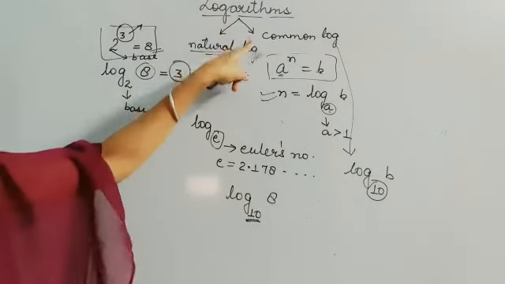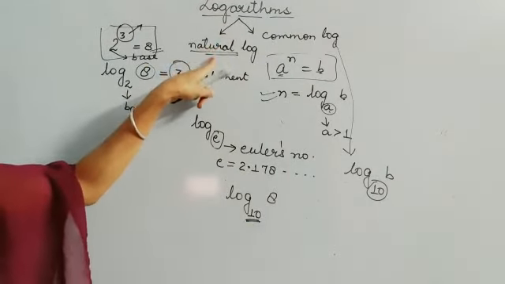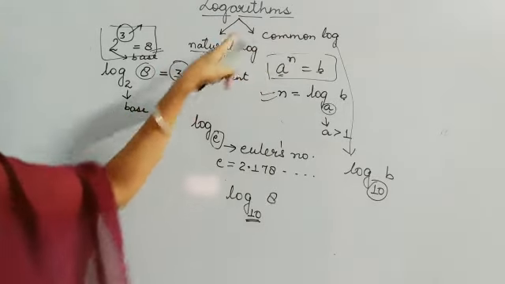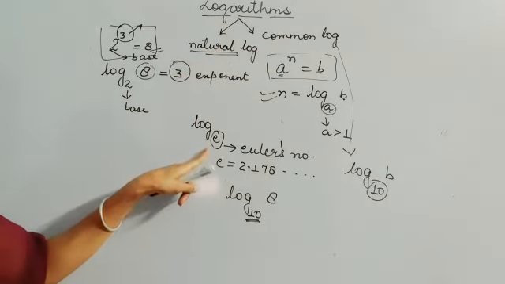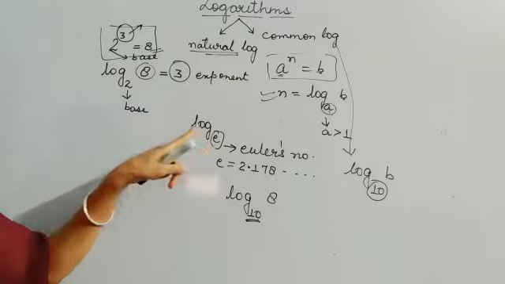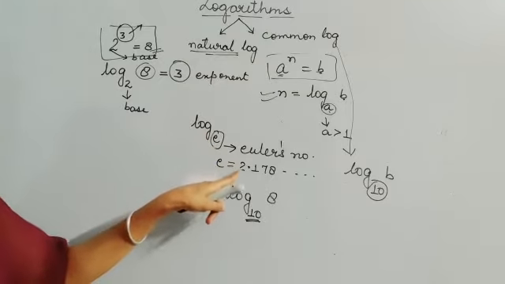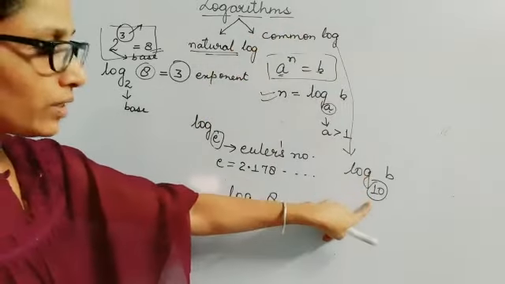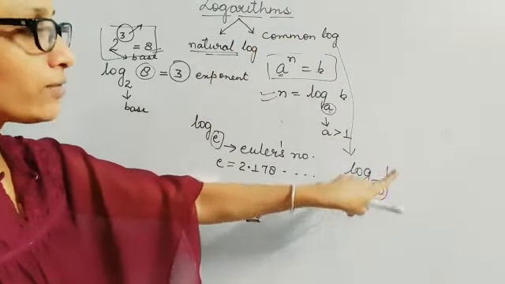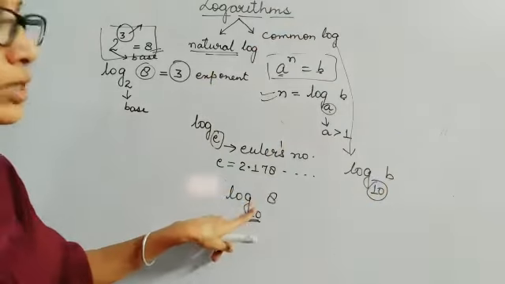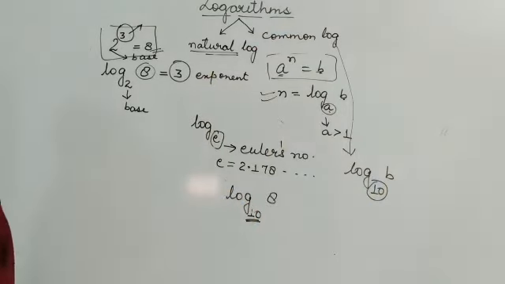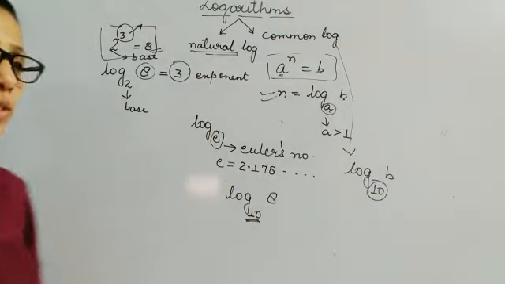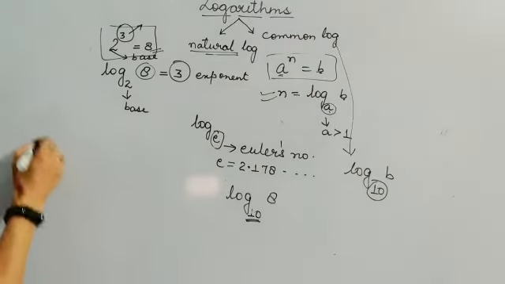So logarithm is commonly used as natural log or common log. In natural log, we have Euler's number e, an irrational number. In common log, we have base 10, and if no base is given, it is also considered to be 10. Let us now discuss three standard laws of log.